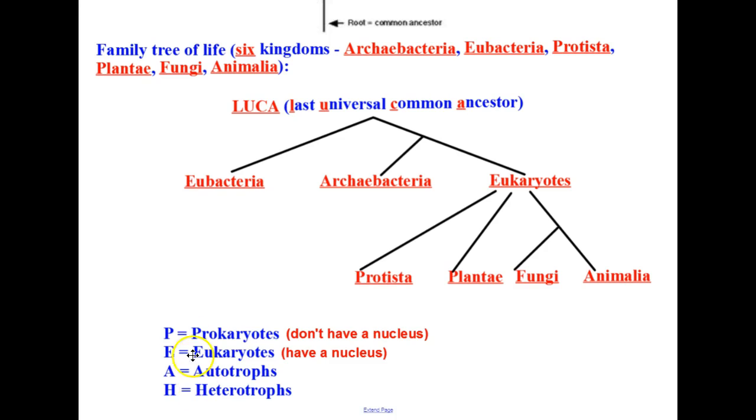Okay? Up here, the very beginning, is LUCA, which stands for the last universal common ancestor. Branches off into Eubacteria, which included prokaryotes, some autotrophs, and heterotrophs.